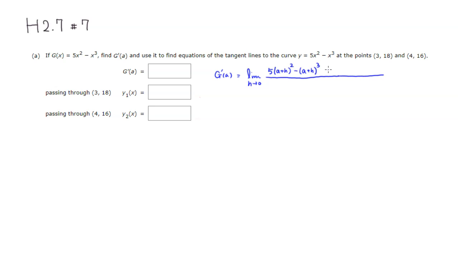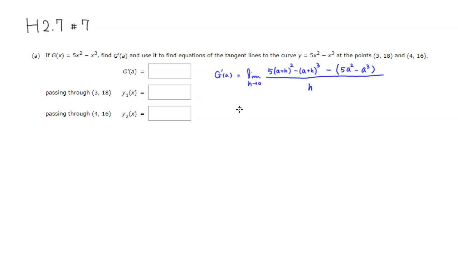Then we're going to subtract G of a. Every time we see x, we put a in it. So you have 5a squared minus a cubed, and then all over h.